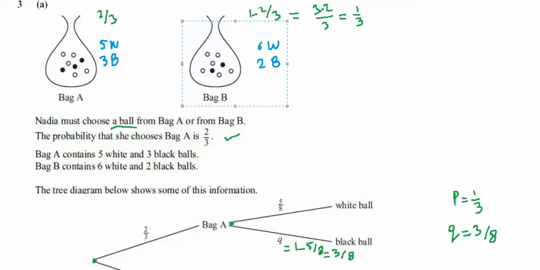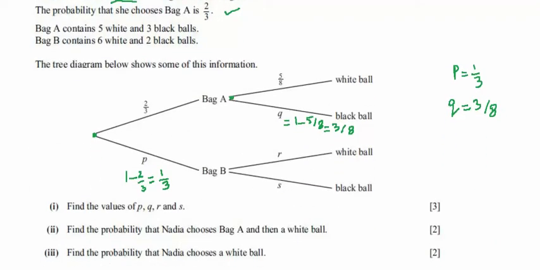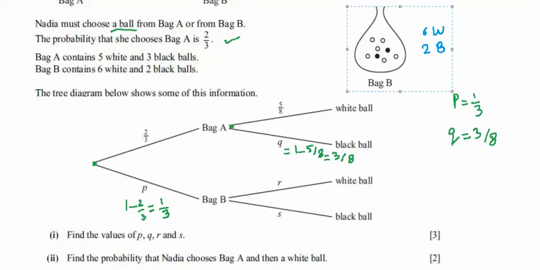If I copy it here, you can see the tree as well as this one. For R, from bag B, the probability of a white ball: white are 6.